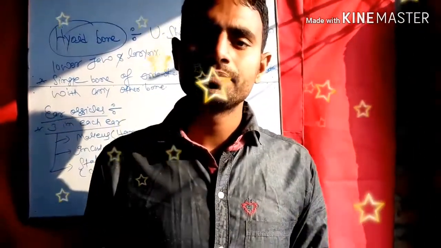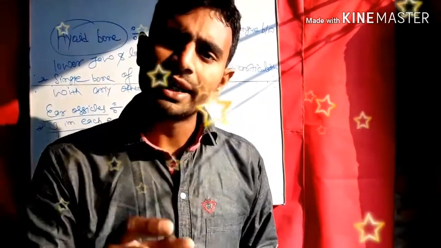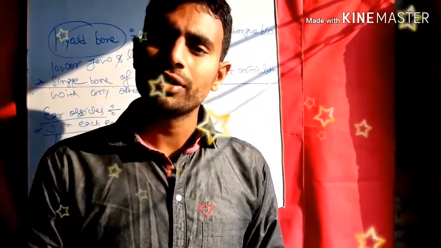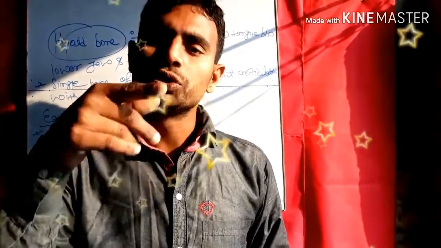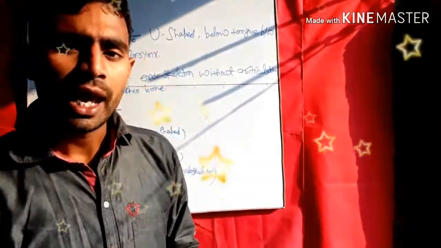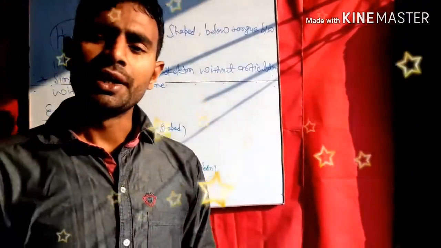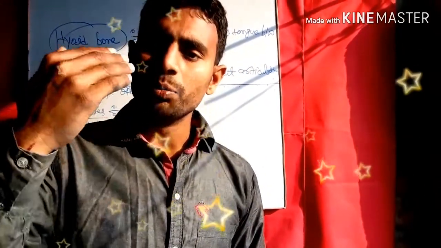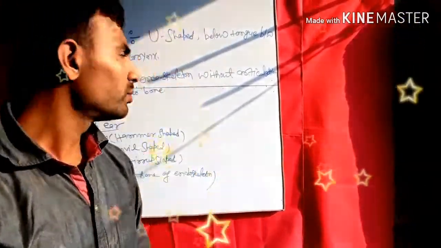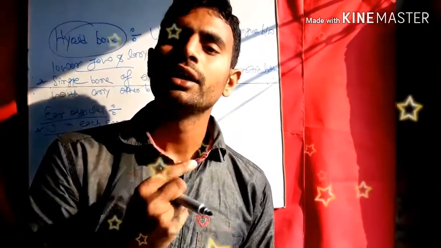First, about the hyoid bone. The hyoid bone is U-shaped. It is present below the tongue, between the lower jaw and larynx.